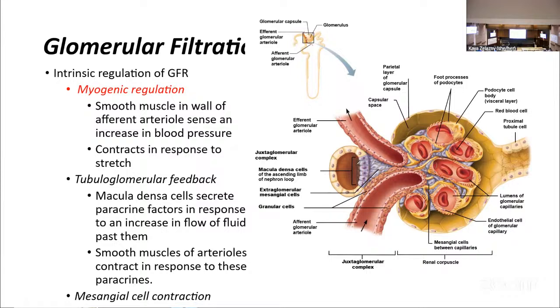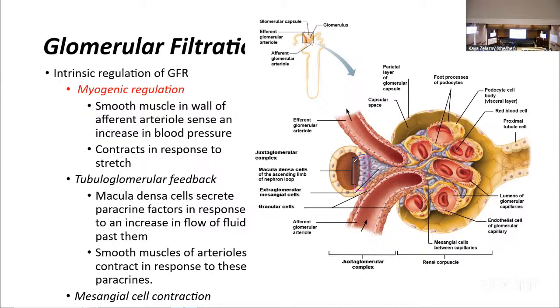Our macula densa cells, this color's not working too well. Okay, our macula densa cells are here in the walls of our ascending limb of the nephron loop. So those distal parts of the nephron, those parts that are filled with our mostly or at least partially modified urine. They're going to be able to emit paracrine factors, which are just local signals.